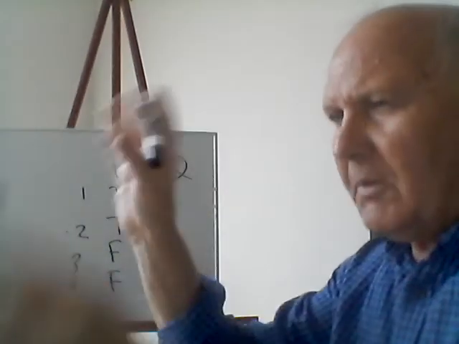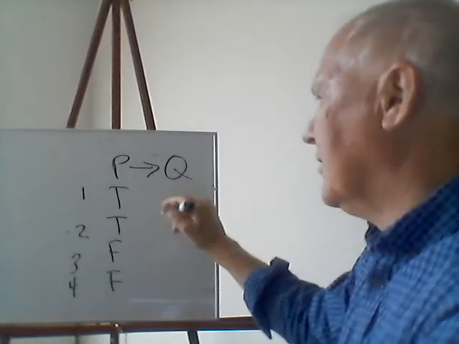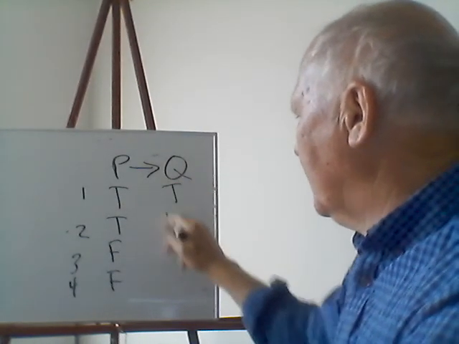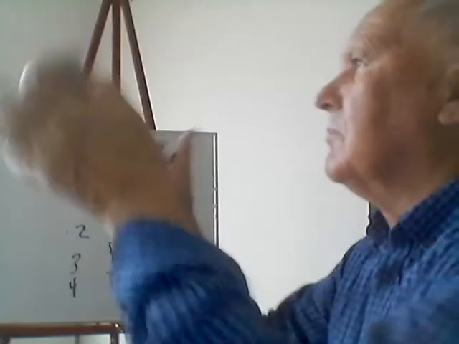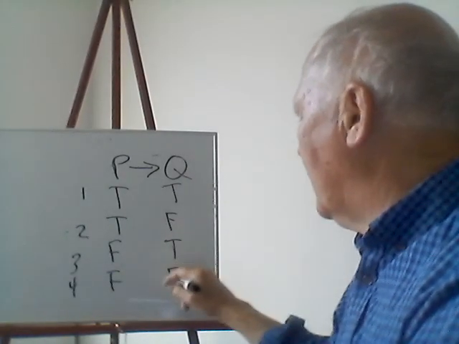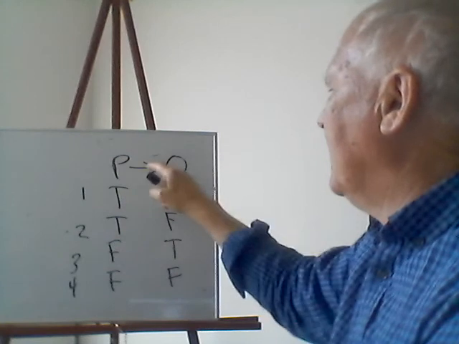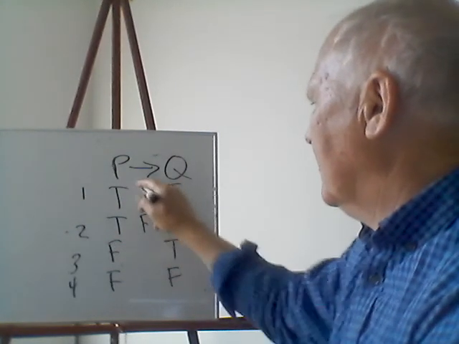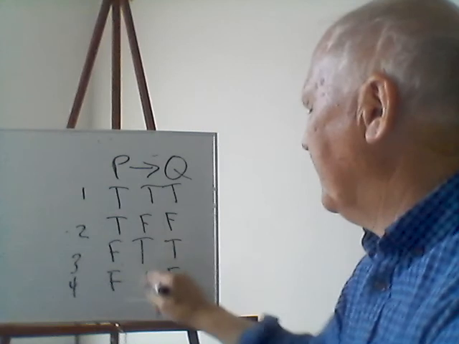You could do this on your own if you want. The arrow, the only time if P then Q is false is line 2. All the other ones are true.